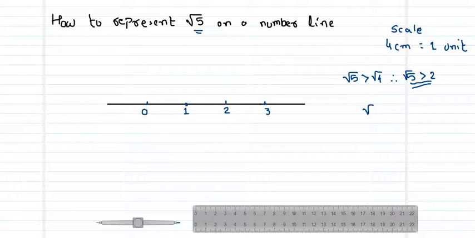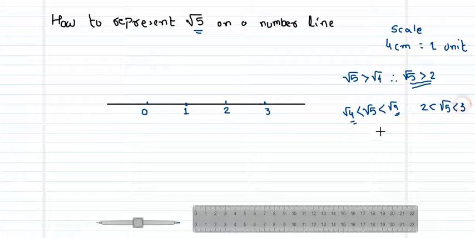Just like in the previous video, root 5 is greater than root 4 and less than root 9. Root 9 means 3, root 4 means 2, so 2 is less than root 5, but root 5 is also less than 3. That means root 5 must reside in between 2 and 3.